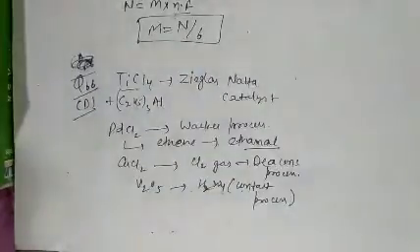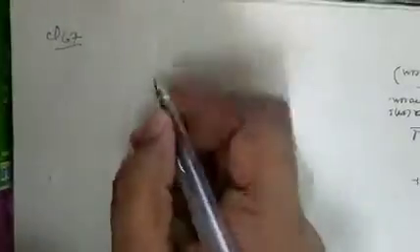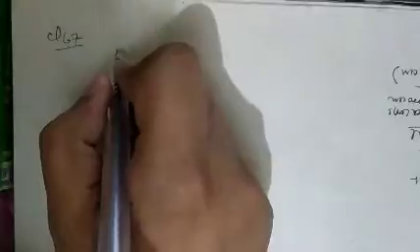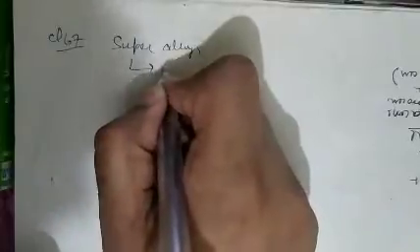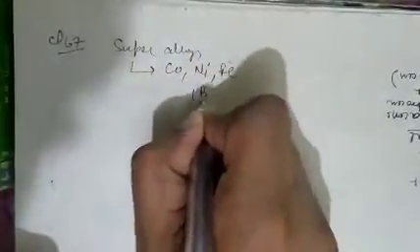See question number 67. In question number 67, the question is super alloys. As we know, super alloys are basically cobalt, nickel and iron based alloys.